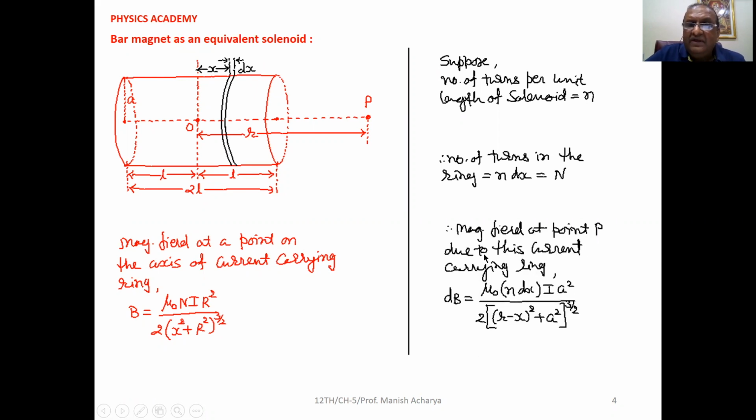So here now we can write the equation of the magnetic field at point P due to this ring.